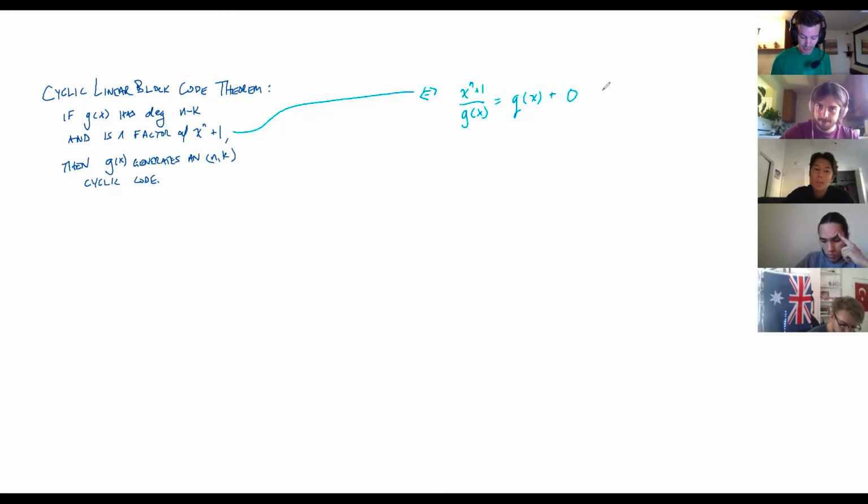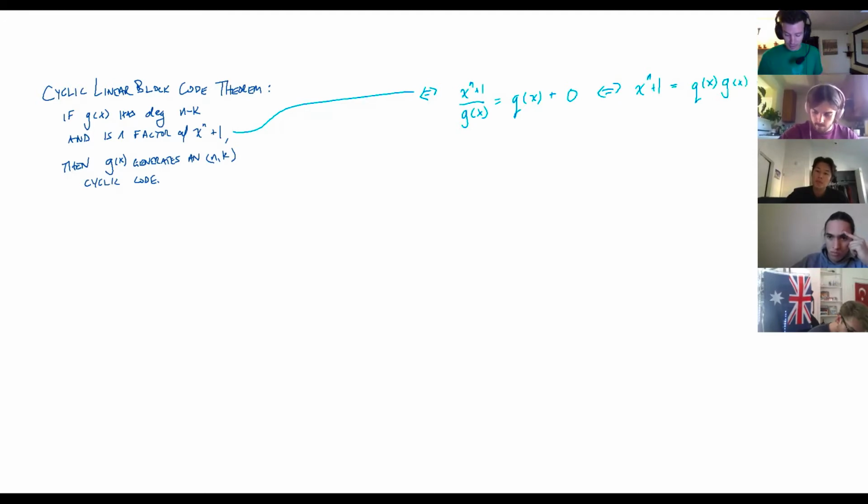You can also think of it as x to the n plus 1, which is itself a polynomial, equals a quotient polynomial, I'll call q of x, times g of x, with no remainder again. All I'm saying is that there exists a q of x that when you multiply by g of x, you get x to the n plus 1. You don't need to add any extra bits.